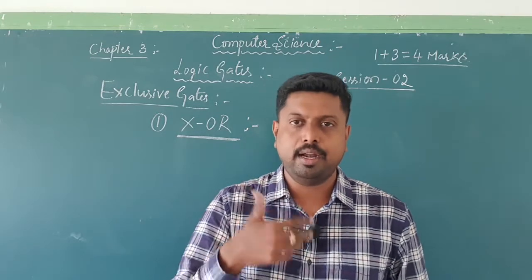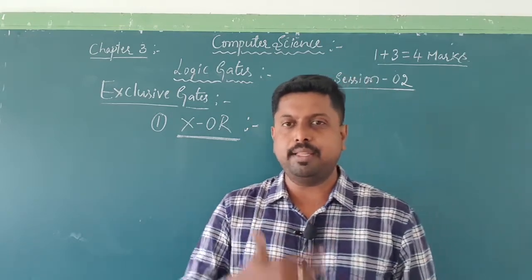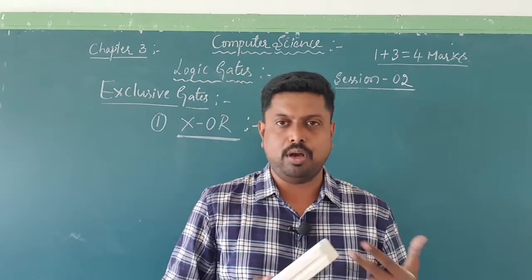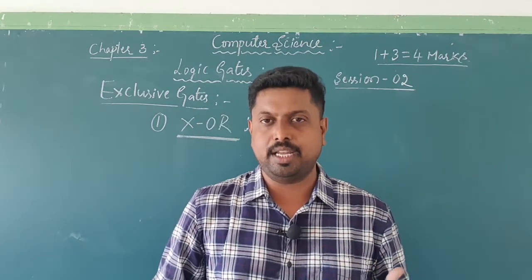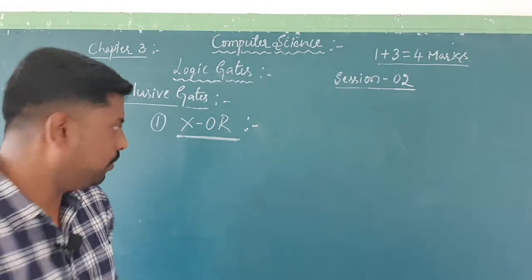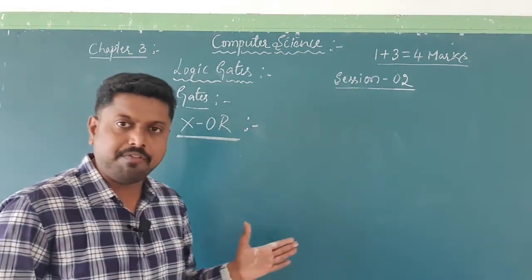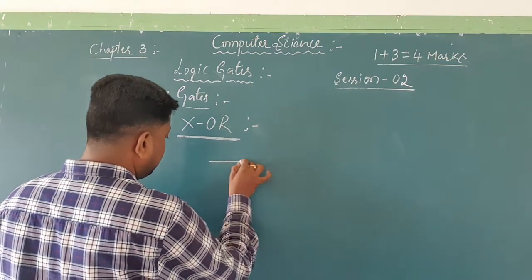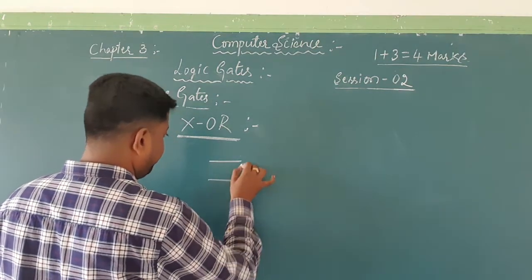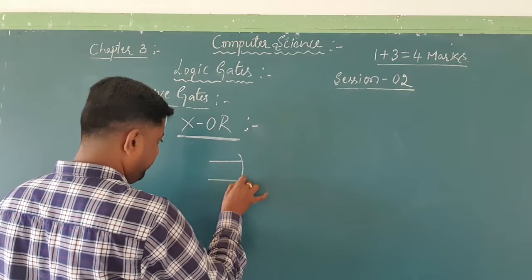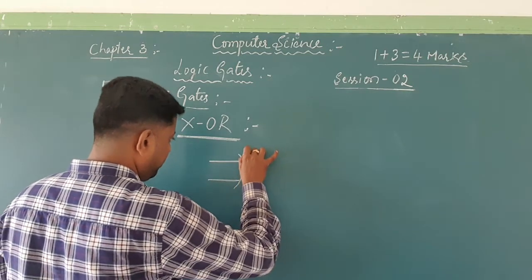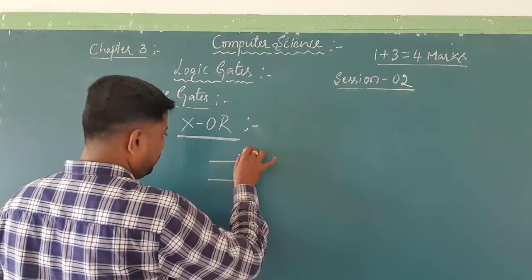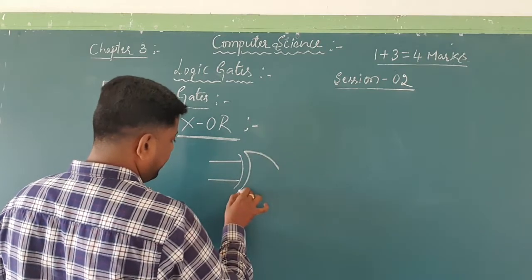I will show it with a diagram and truth table. Then you should know how we write that truth table. Let us first see the symbolic representation of the XOR gate. So this will be the representation. It is slightly different from the basic and derived gates.